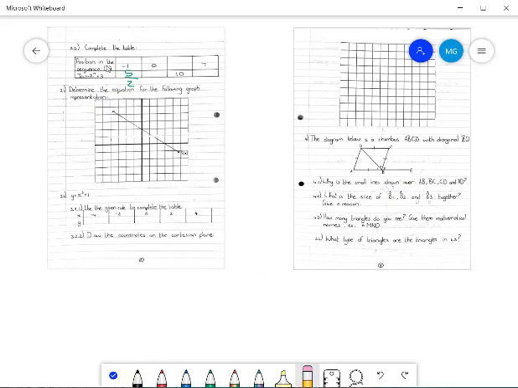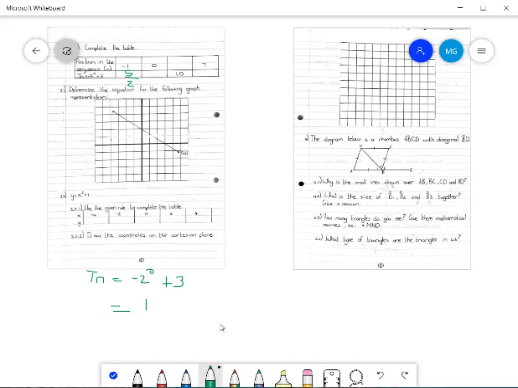So if n was 0, that's quite easy. Remember, anything to the power of 0 is 1.